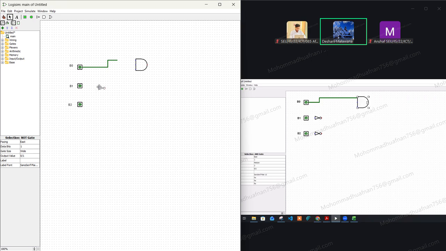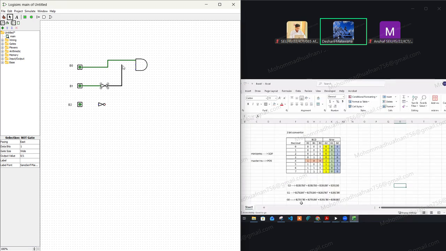Taking this much. Then the wire: why is it in red color? Because it's not connected, right? Now fine. Okay, now the first one is done.